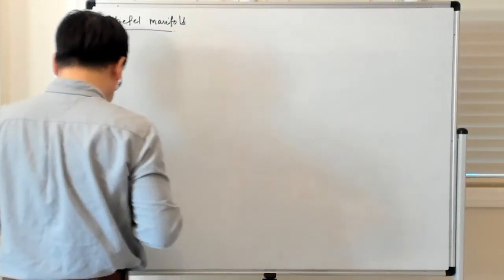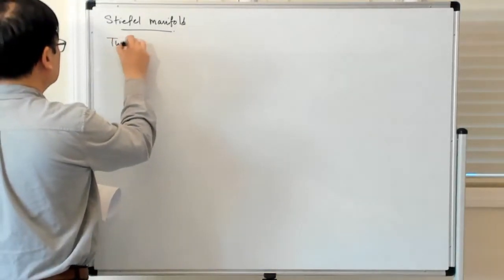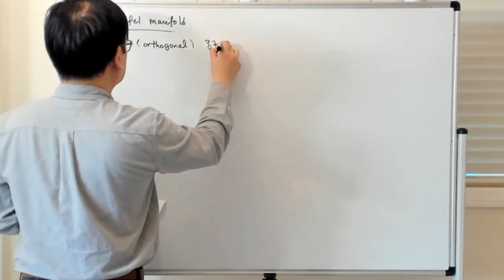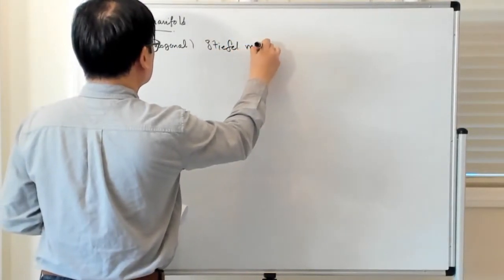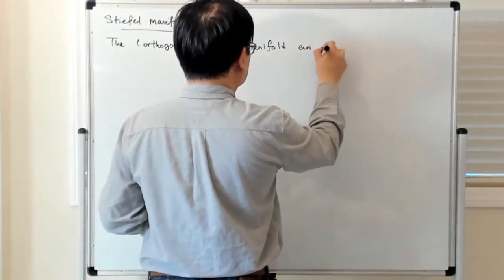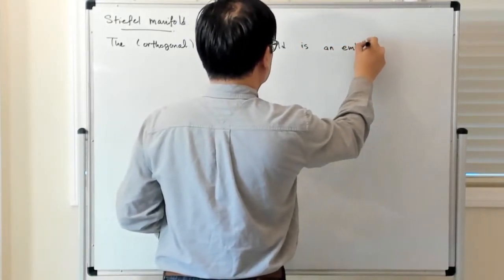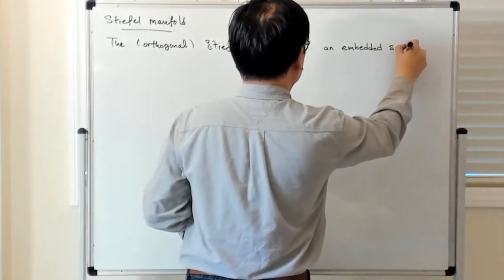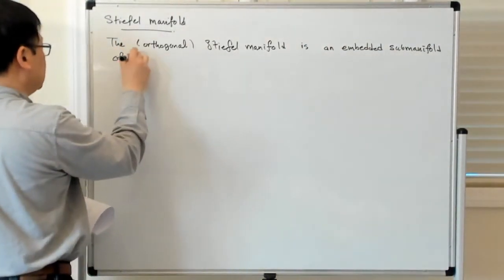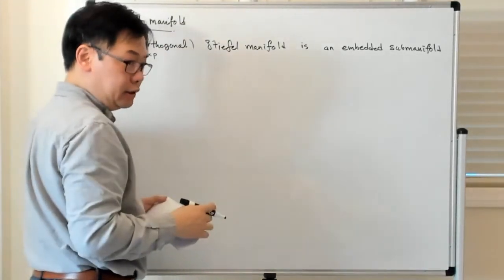This is an embedded submanifold of R n cross P, the orthogonal Stiefel manifold, which shows up regularly in applications.